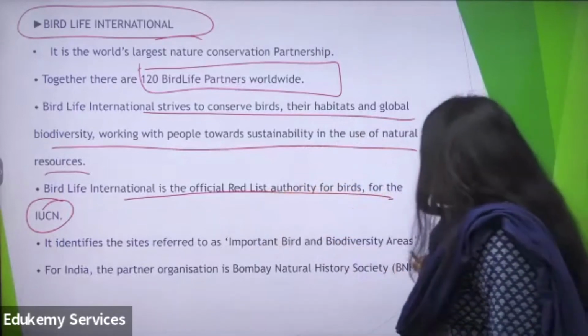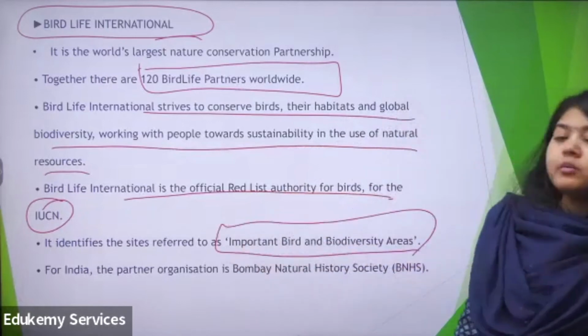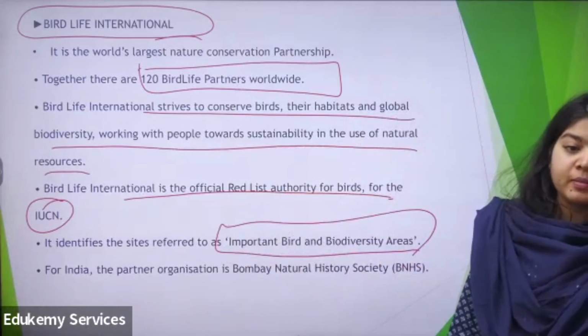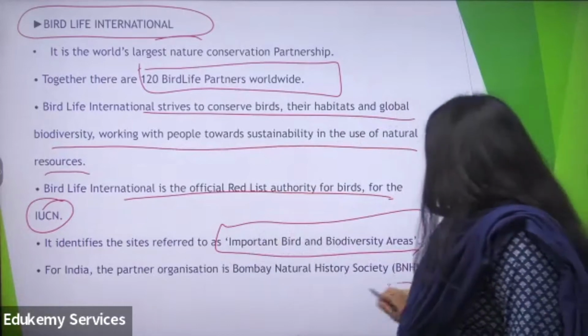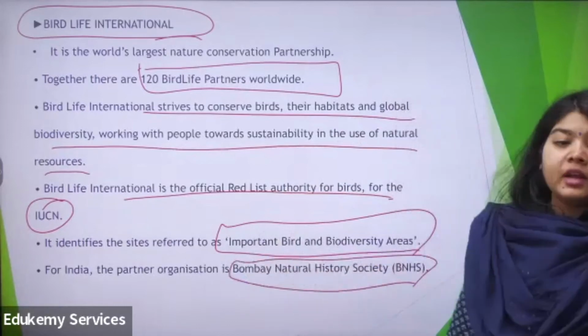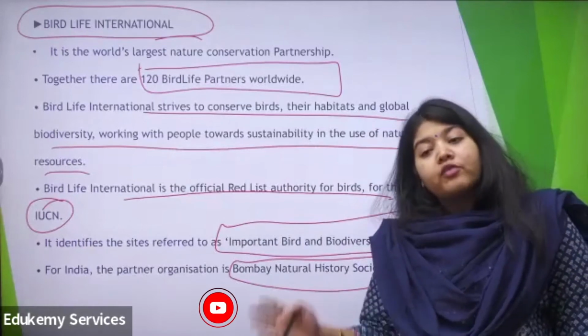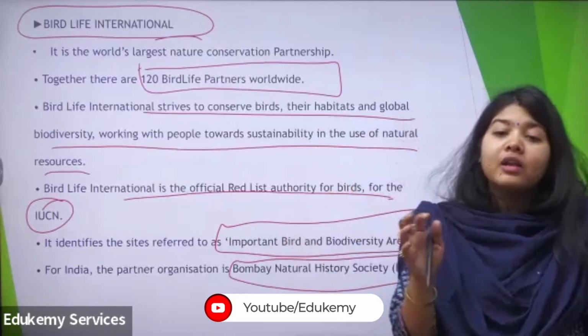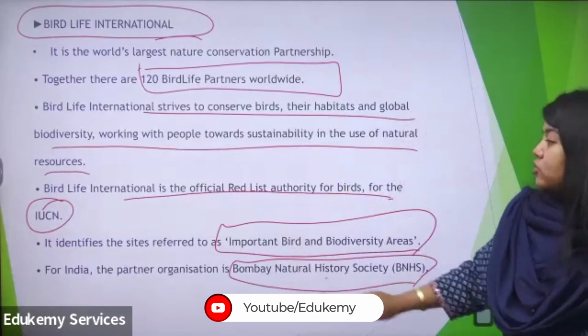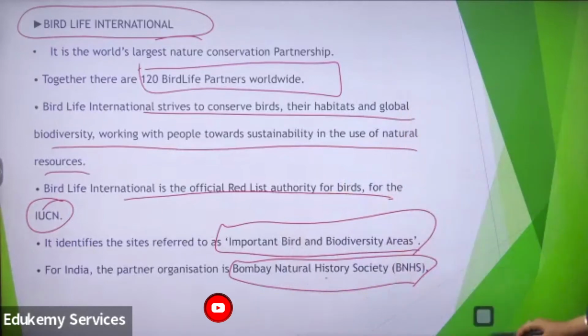Third, it identifies important bird and biodiversity areas. Fourth, in India, the Bombay Natural History Society is the partner organization. So in India, if you have to declare any bird as vulnerable, threatened, etc., this is your organization. Very quickly take the screenshot.